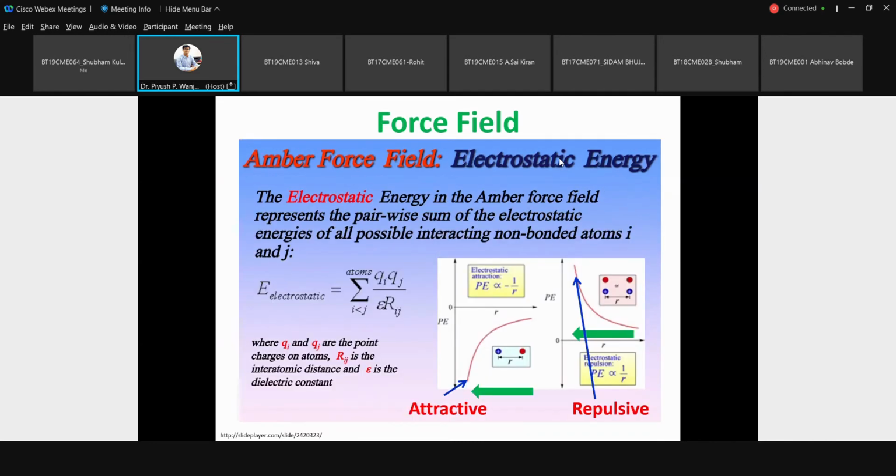For electrostatic interaction, I made it clear that the charges could be positive or negative. Sometimes both have the same charge, so there will be repulsion; if they have different charges, there is attraction. In the same way, a positive change in the potential energy means it is unfavorable, and a negative change in the potential energy means it is favorable, so it is an attractive interaction.